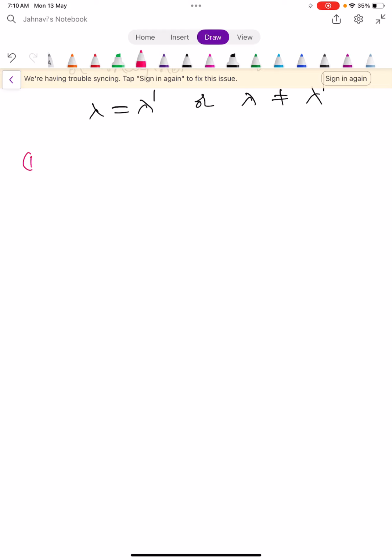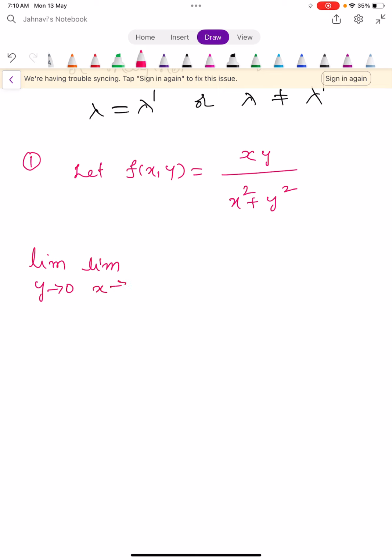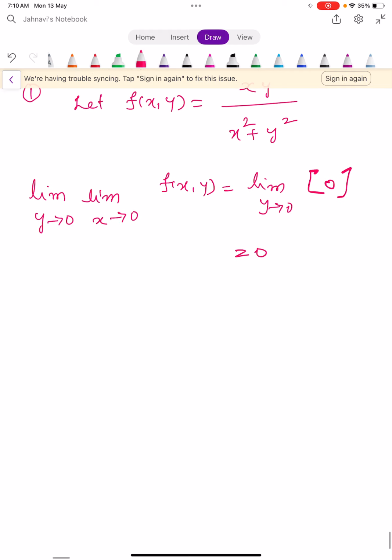Example number 1. Let f of x comma y be equal to xy by x square plus y square. Now apply the limit y tends to 0, limit x tends to 0, f of x comma y. If you apply x tends to 0, you get 0, so that limit is 0.